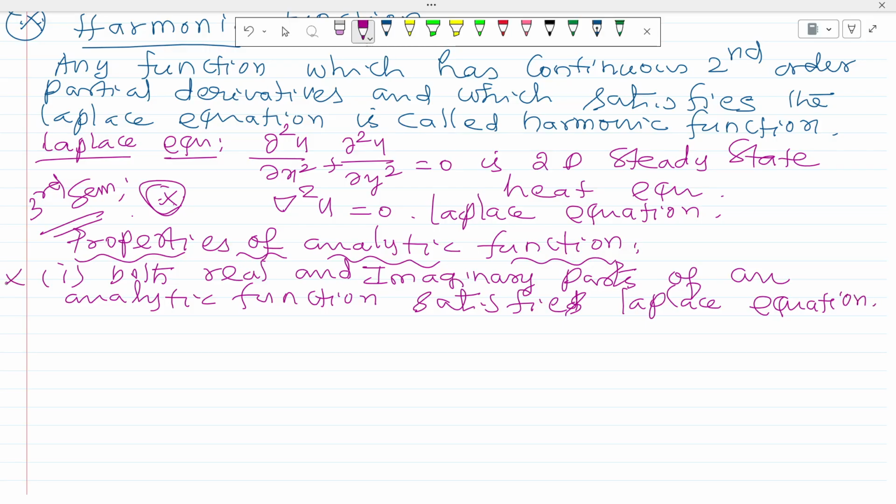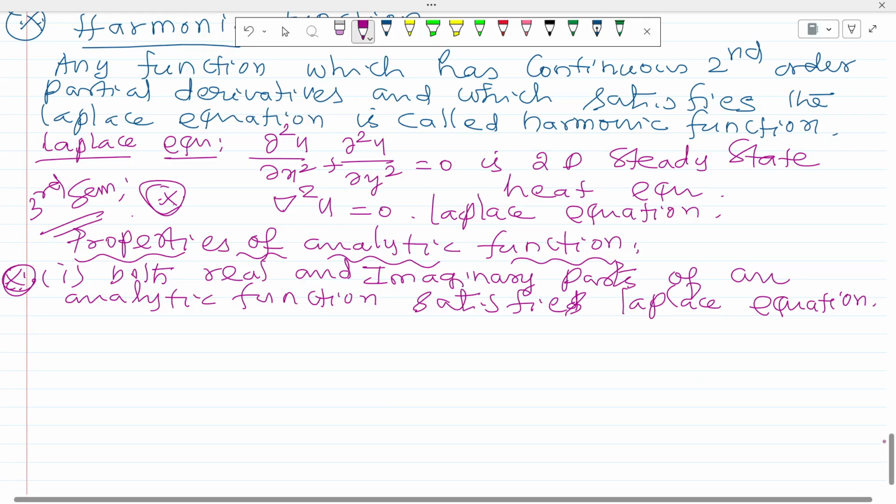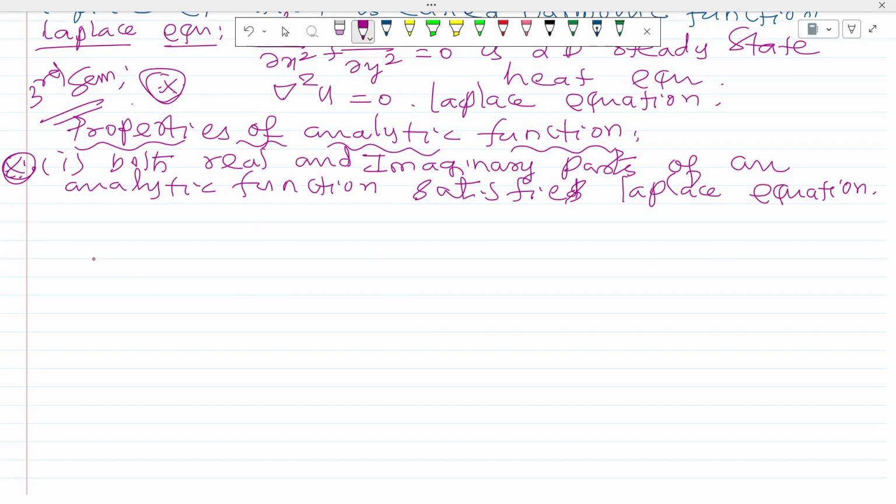This is one important property. Proof is there.